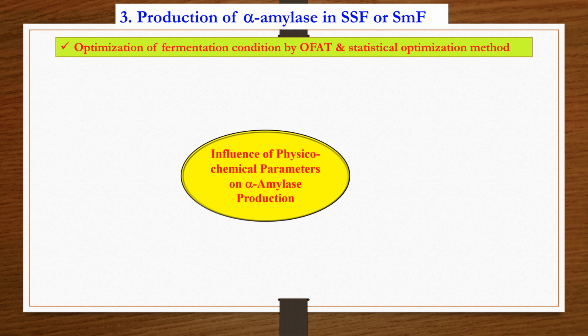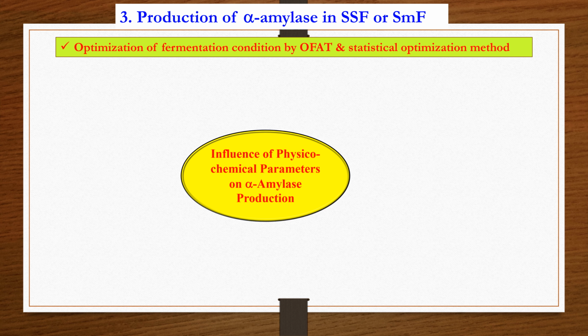After substrate selection, optimization of fermentation conditions by one factor at a time is carried out. Then the statistical optimization method is followed. Various physicochemical parameters have been reported to affect the production of alpha-amylase by SMF and SSF.